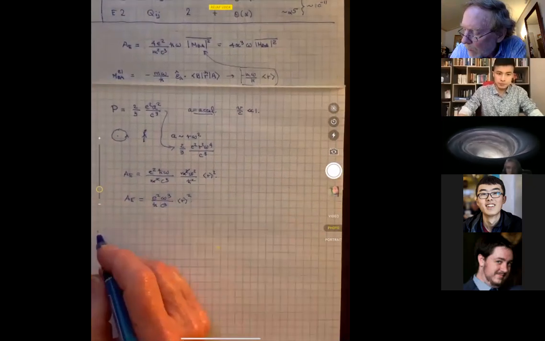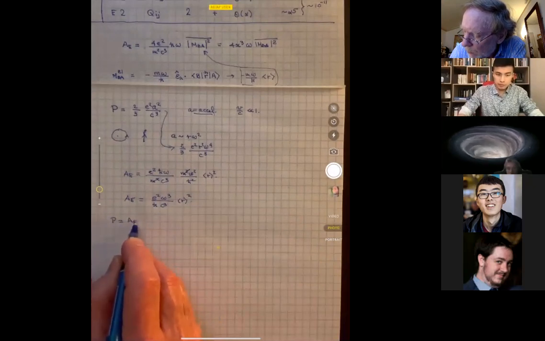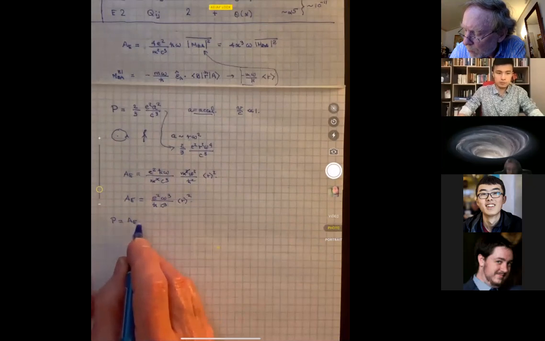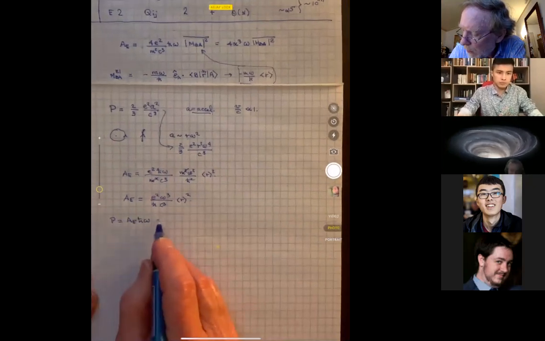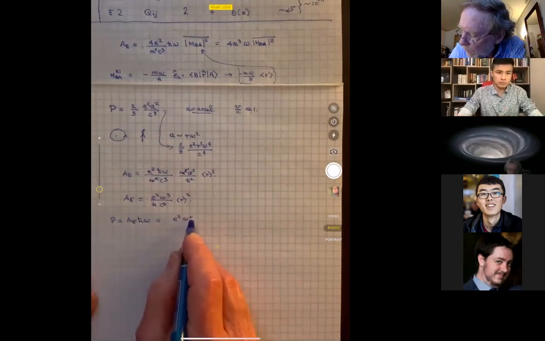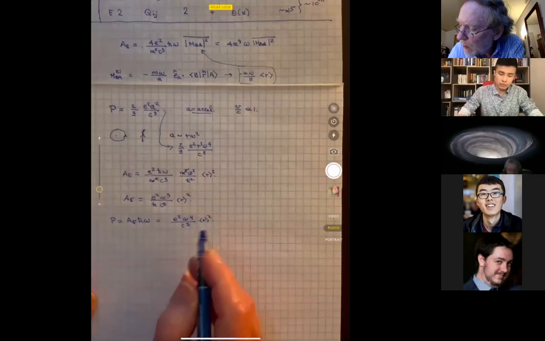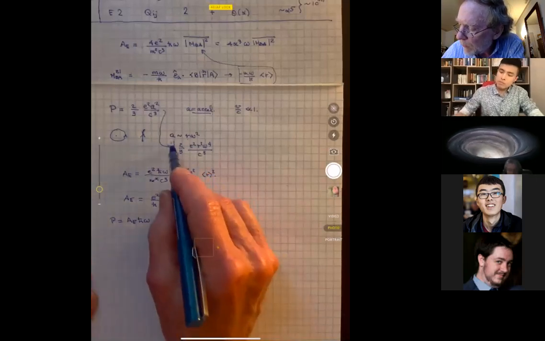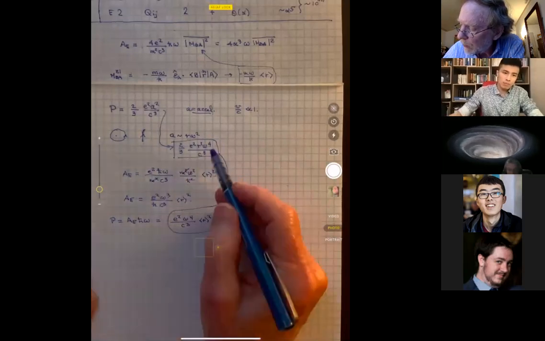Now, to get the power radiated, we need to take the rate at which photons are being produced multiplied by the energy of the photon. That's what the power is going to be. If I multiply that through, I get e squared omega to the 4th divided by c cubed times r squared. Now compare that to what we got up here for the Larmor formula for periodic motion. You see they're very similar formulas.